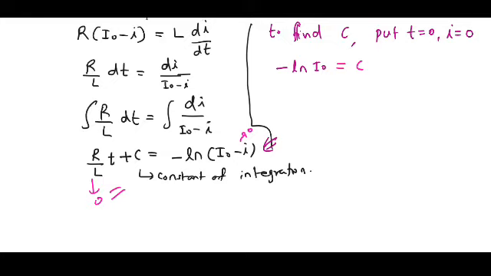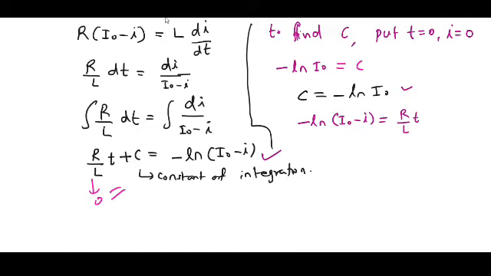That is, c is nothing but minus natural log I0. Then put this value into this expression. We will get minus natural log (I0 minus I) is equal to R by L t minus natural log I0. Instead of c, I substituted minus natural log I0.